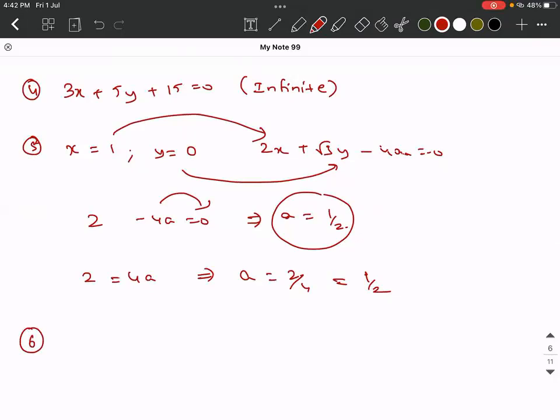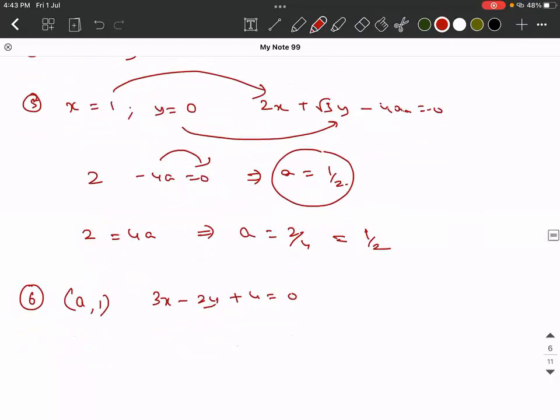Sixth one. If (a, 1) lies on the graph of 3x minus 2y plus 4 equals 0, then a is... the equation is 3x minus 2y plus 4. Oh, a comma 1. Then substitute it.